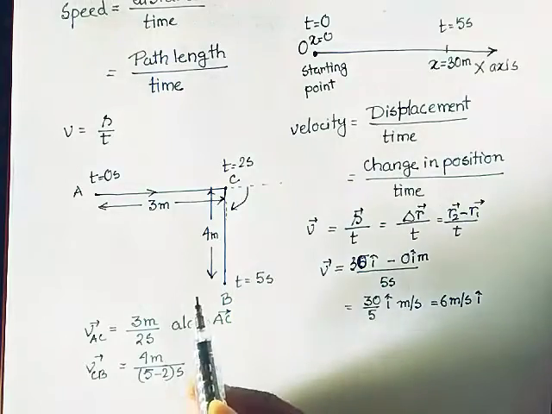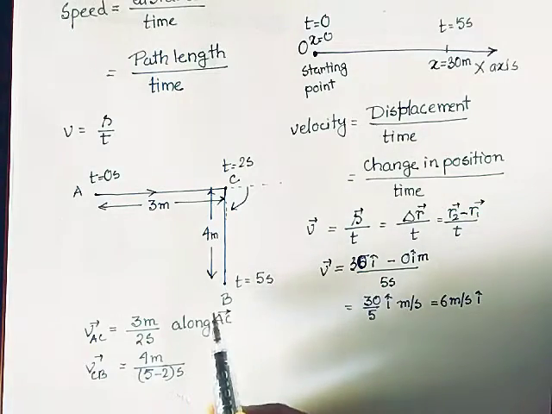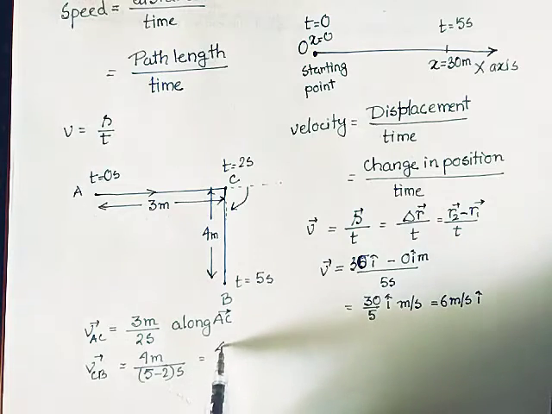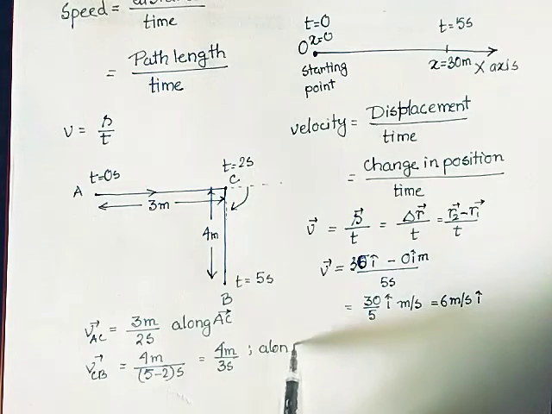After that, at the completion of 5 second it reaches the point B, so it will be 4 meter divided by 3 second along CB.